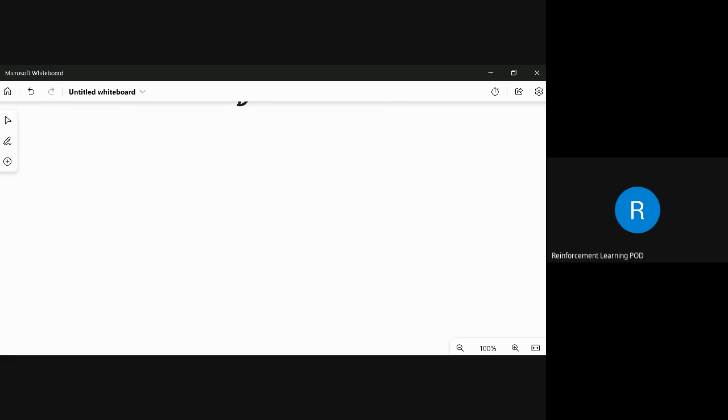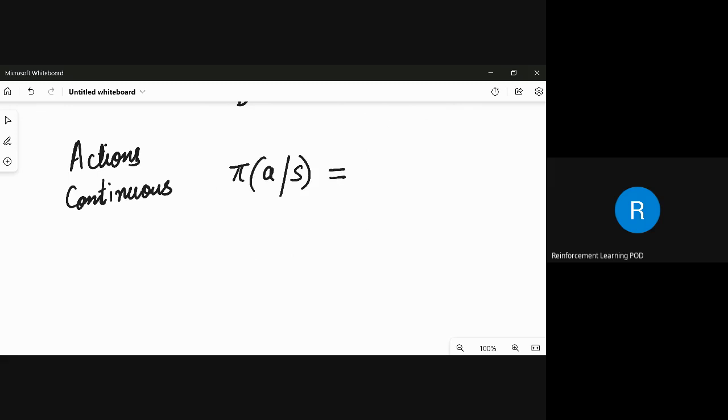The third way is if the actions are continuous. In that case, we represent the probability of taking a particular action as a normal distribution defined with some parameters mu and sigma.